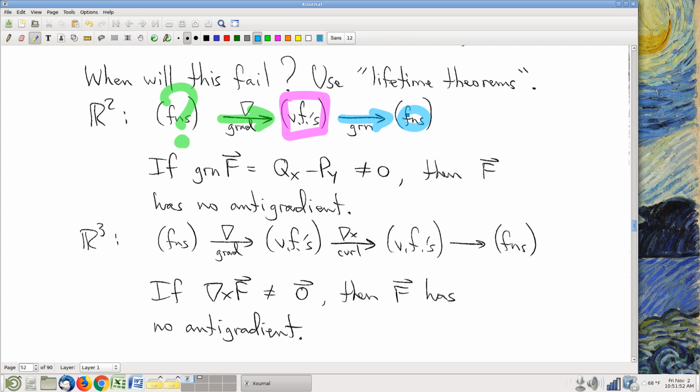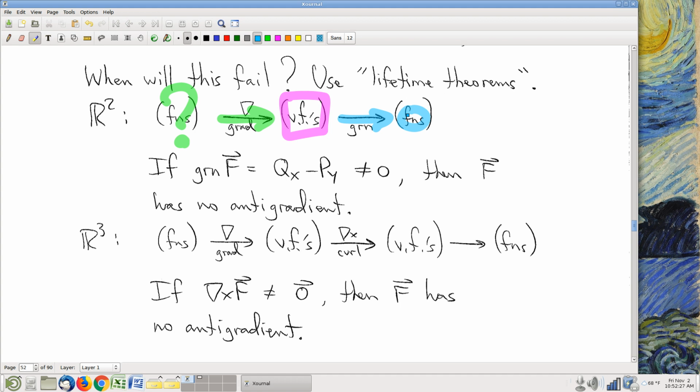So whether or not Green's operator is 0 tells you, by way of this theorem, and again, just for the sake of repetition, we're assuming that all these functions are perfectly nice and there are no irregularity issues, and we don't want to get bogged down in that right now. So assuming everything is nice, if Green's operator is 0, that arbitrates the question of whether there is a gradient or not. We didn't think of it that way at the time, but that's how we're going to use it here.